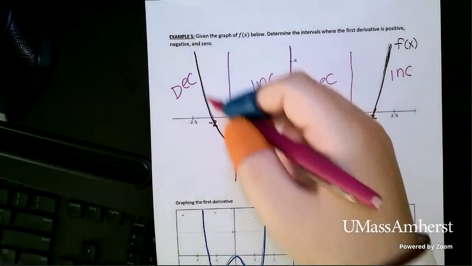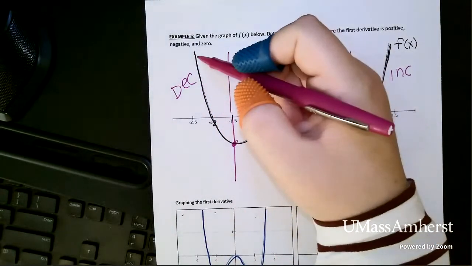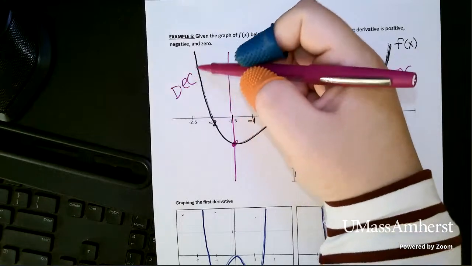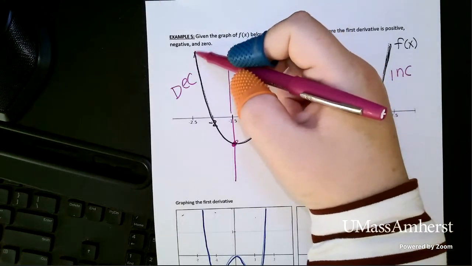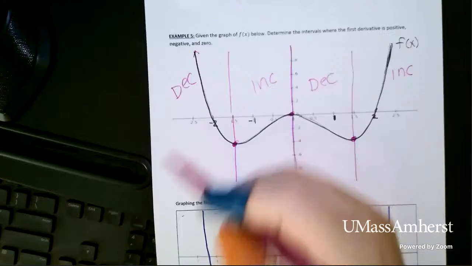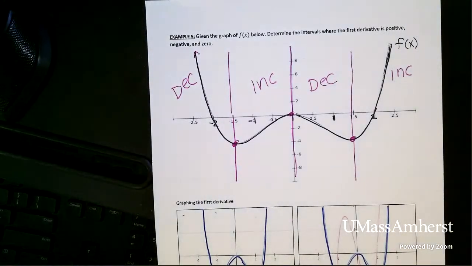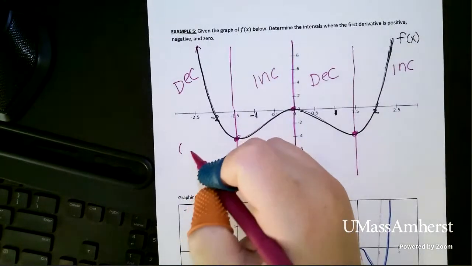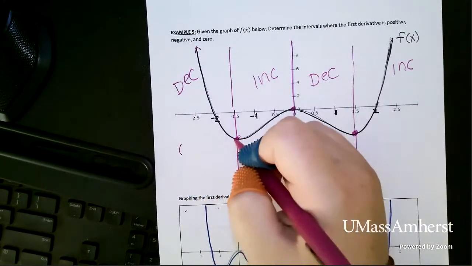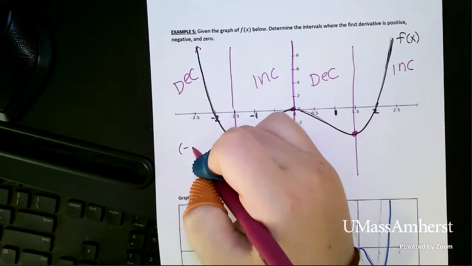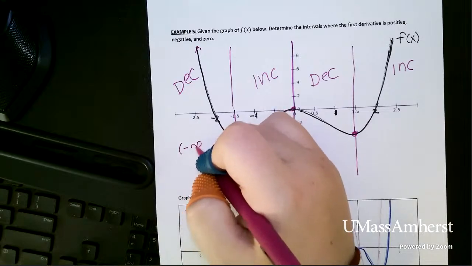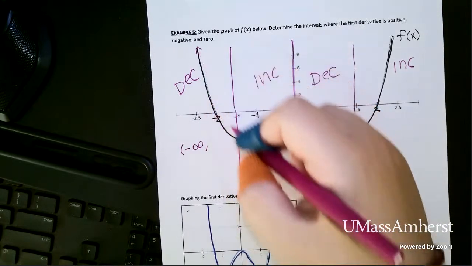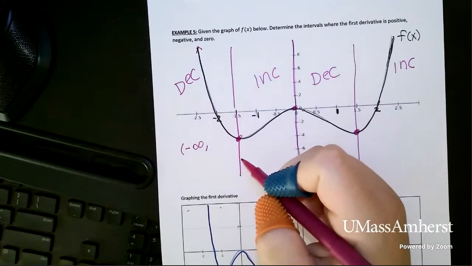So here, right, I could make an argument for negative infinity if I think this sort of goes on forever, or I could cap it at negative 2.5. That's fine either way. I'm going to go with negative infinity, but if you use negative 2.5, that's fine. We're more concerned with what's happening sort of in the middle for right now. So negative infinity. Now this is going to go until negative 1.5.